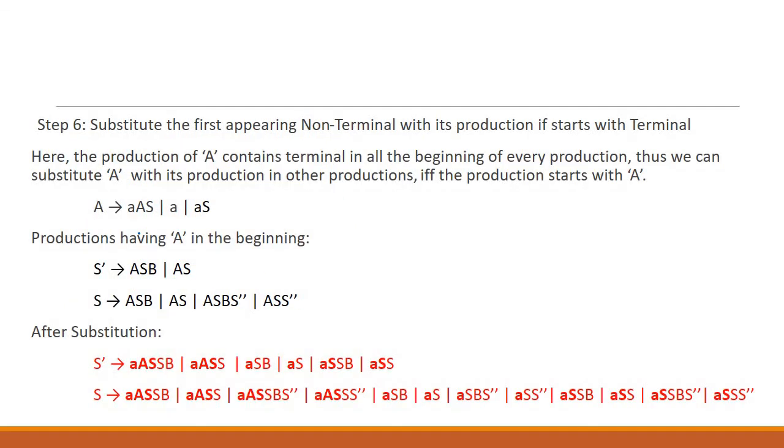So here what we are doing, we are taking A in the beginning, and we need to identify those productions which have capital A in their production first place. So S dash is producing A S B, so A is in the first place. S dash is producing A S, okay, A is in the beginning, and S is producing A S B, A S, A S B S double dash, and A S S dash.